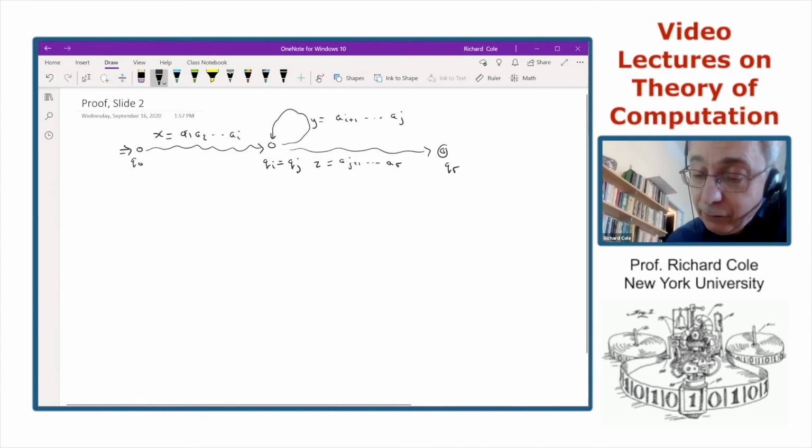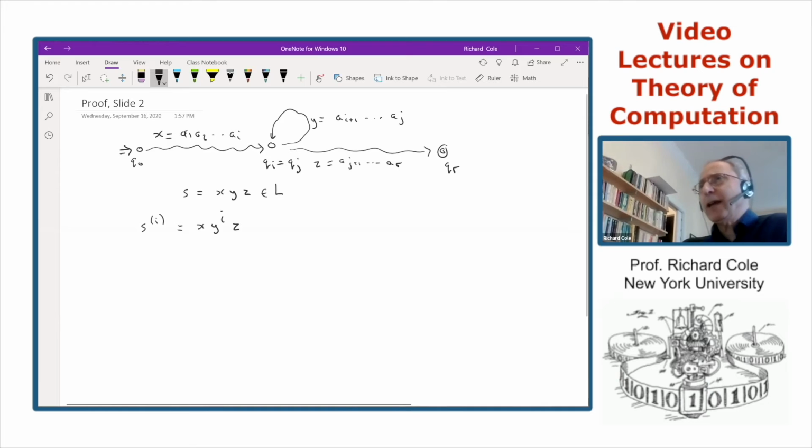So I'm just renaming the pieces of the string that I read. So indeed, the string I chose can be written as XYZ, because it's just A1 up to Ai, followed by Ai+1 up to Aj, followed by Aj+1 through AR. And of course, this is in the language L because we assumed S was in L. But now let's look at S_i equals X followed by Y repeated i times followed by Z. What happens when we read this string? Well, X takes us from Q0 to Qi.